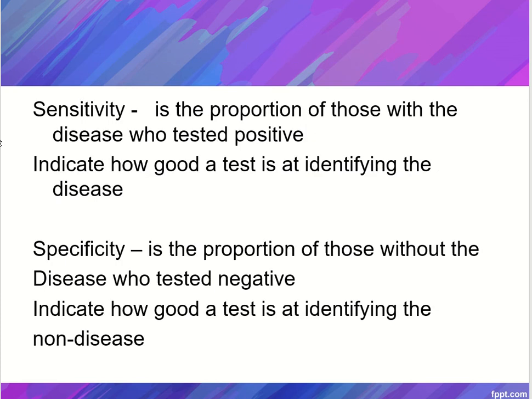Sensitivity, the definition, is the proportion of those with the disease who tested positive, indicating how good a test is at identifying the disease, whereas specificity is the proportion of those without the disease who tested negative, indicating how good a test is at identifying the non-disease.